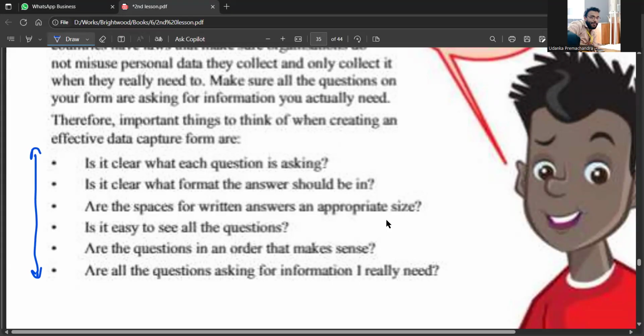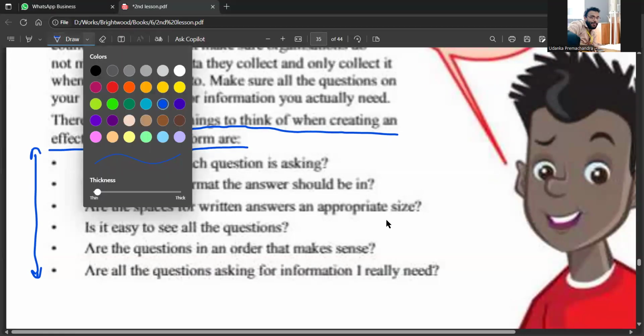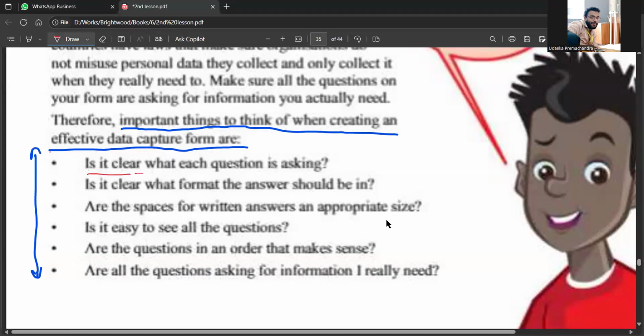Important things to think about when creating an effective data capture form: Is it clear what each question is asking? Is it clear what format the answer should be in?